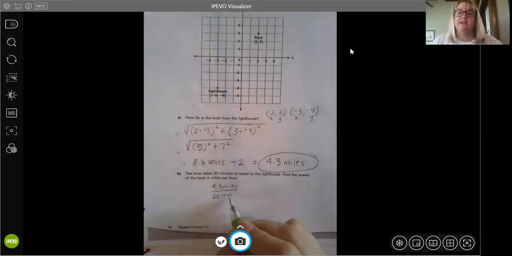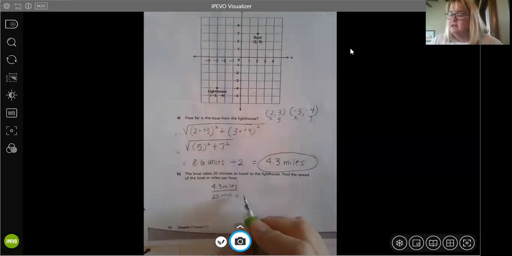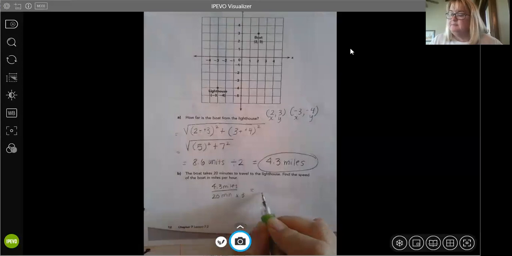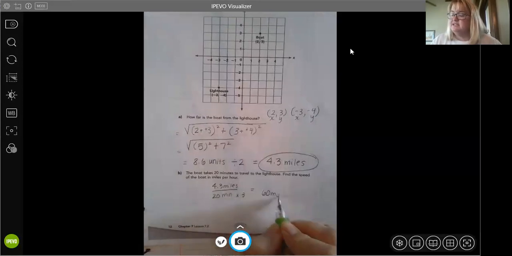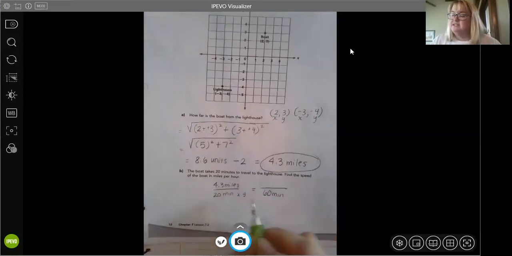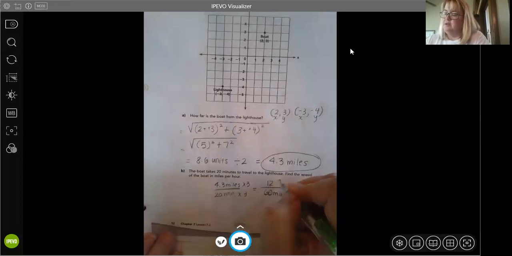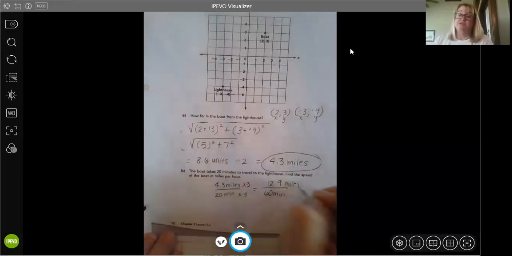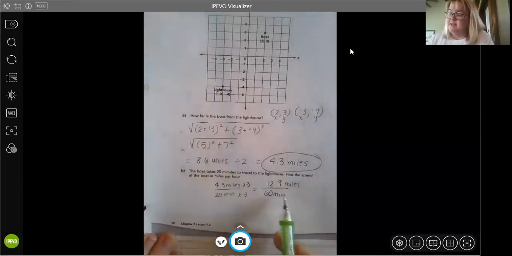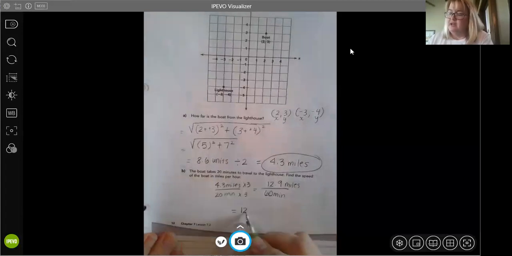How do I make 20 minutes turn into 1 hour? Well, we multiply by 3 so that we get 60 minutes. Okay. The 60 minutes is 1 hour, but I've got to multiply this times 3. So 4.3 times 3 is 12.9. So we've got 12.9 miles in 60 minutes, or 12.9 miles per hour.